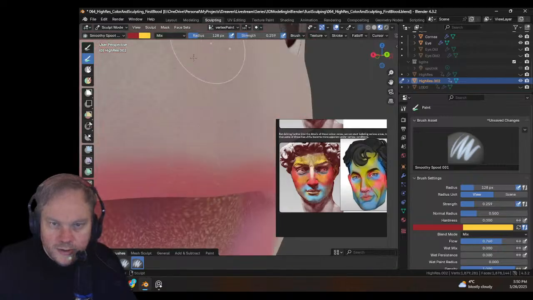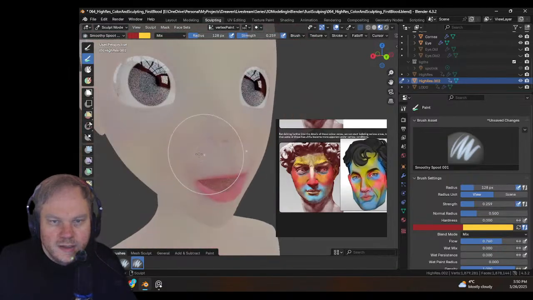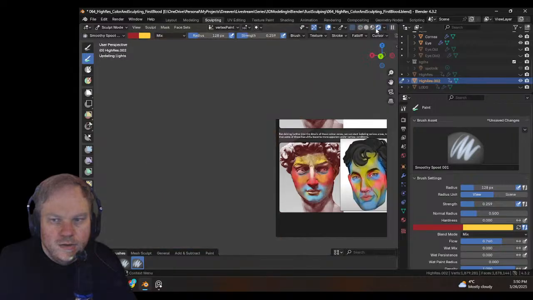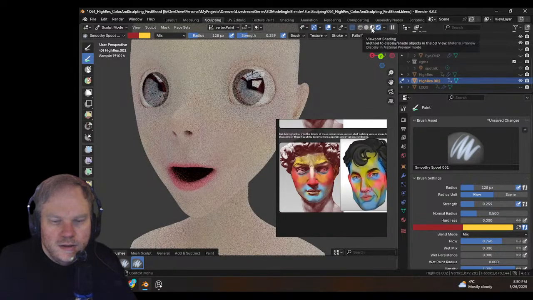Also, the lips were too reddish. Let's see how they come out. Moving on this.